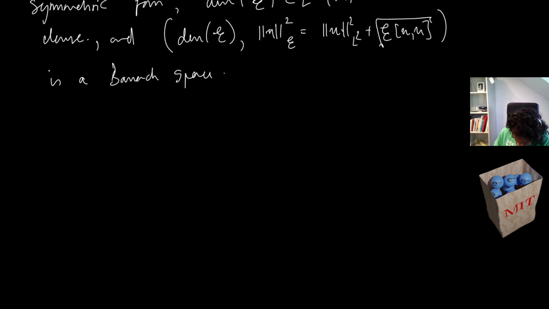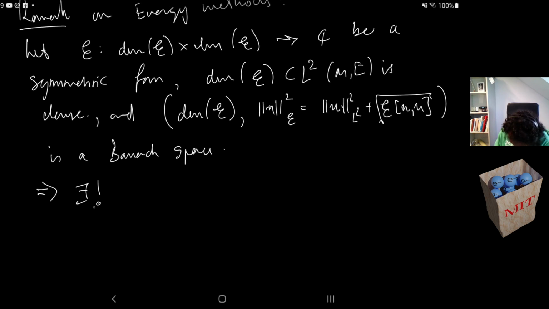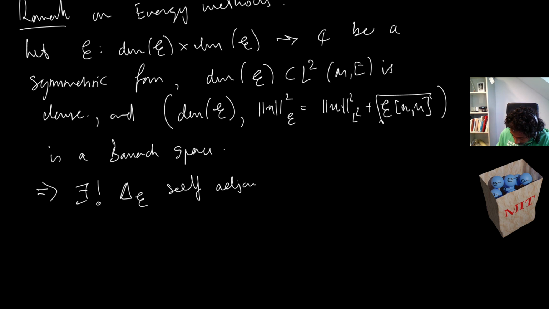Then what we obtain from this is there exists a unique operator, which I will very poignantly call delta E, self-adjoint.